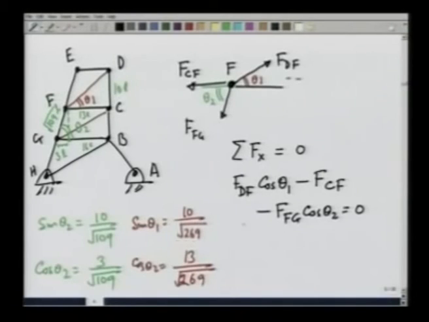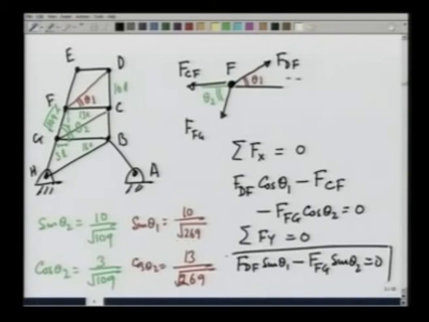Similarly, summation F_y equals 0 gives me F_DF sine theta 1 minus F_FG sine theta 2 equals 0. From the second equation, I can find F_FG right away.